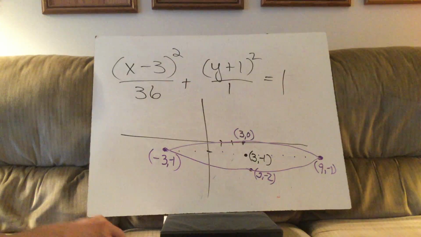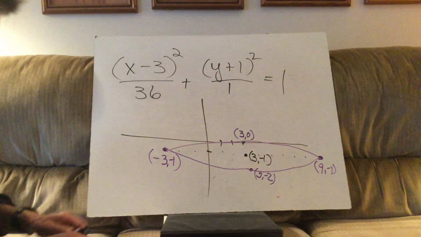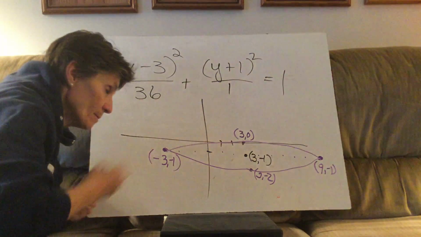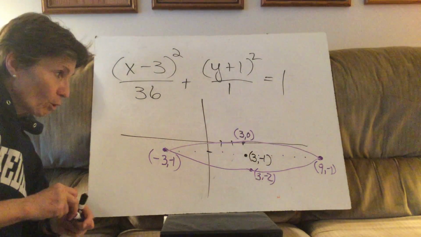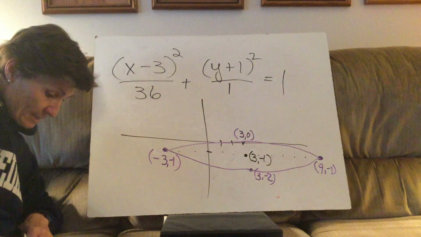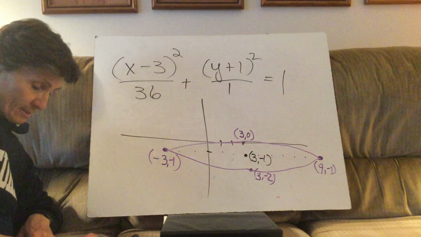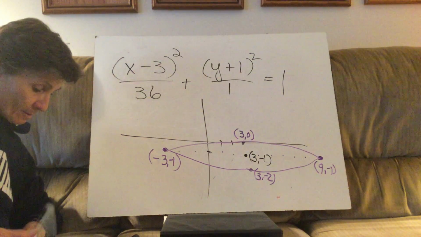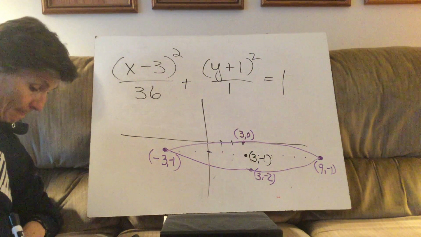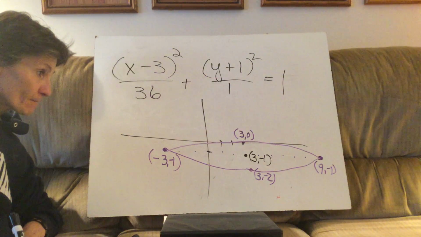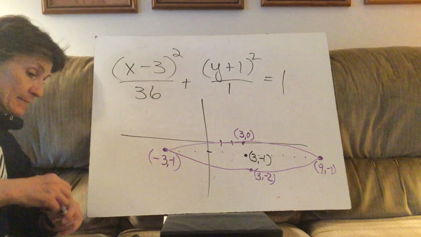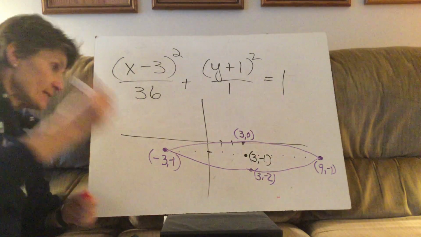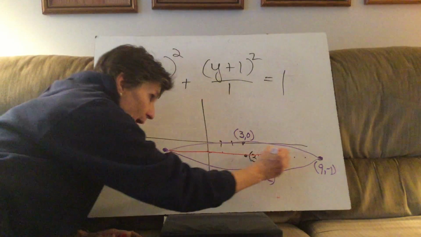Those 4 purple points are the vertices. So where it says vertices on your paper, you're going to fill that in. Those 4. You're going to write down all 4 of them. Now, this axis right here is the major axis.